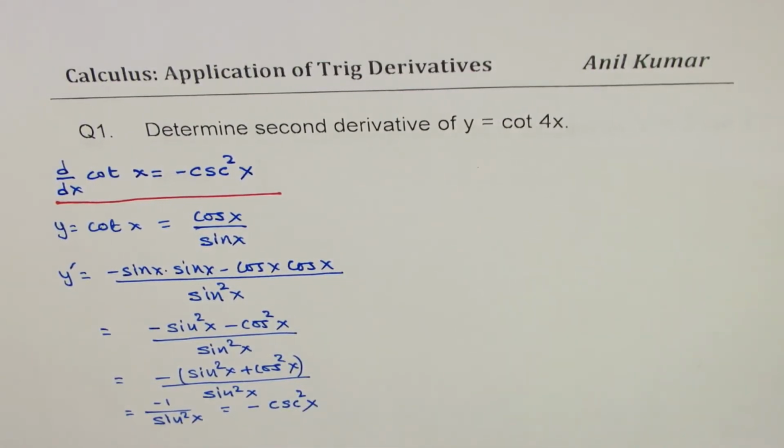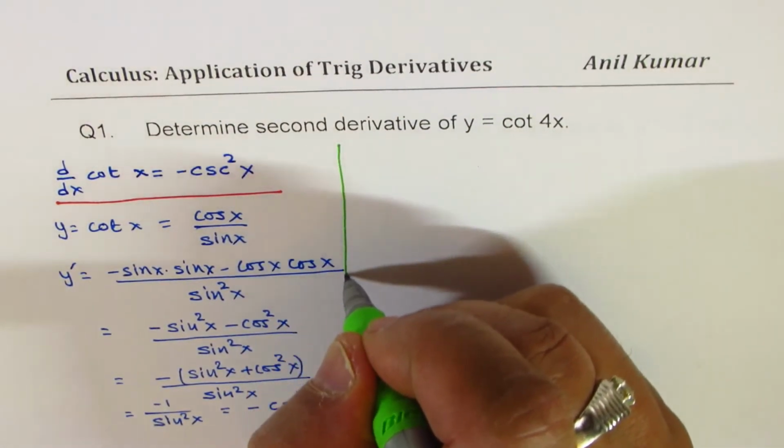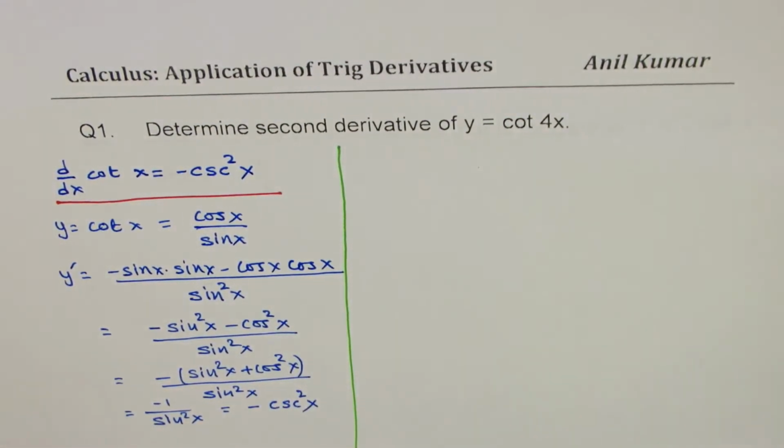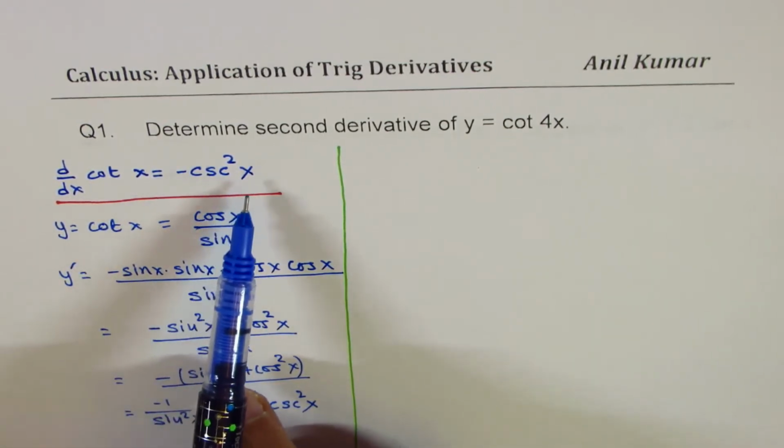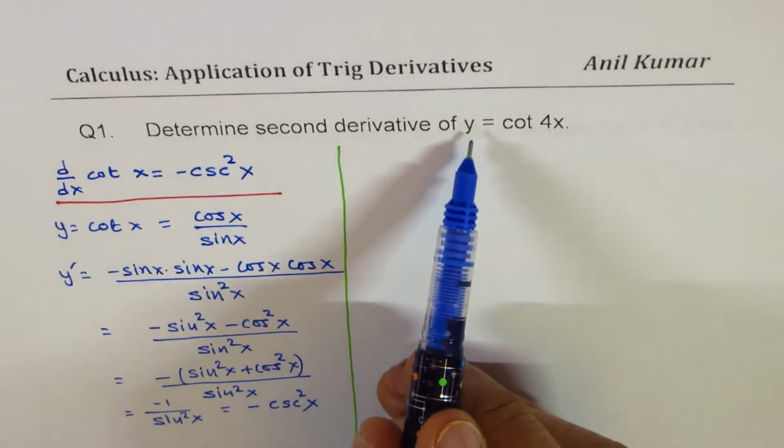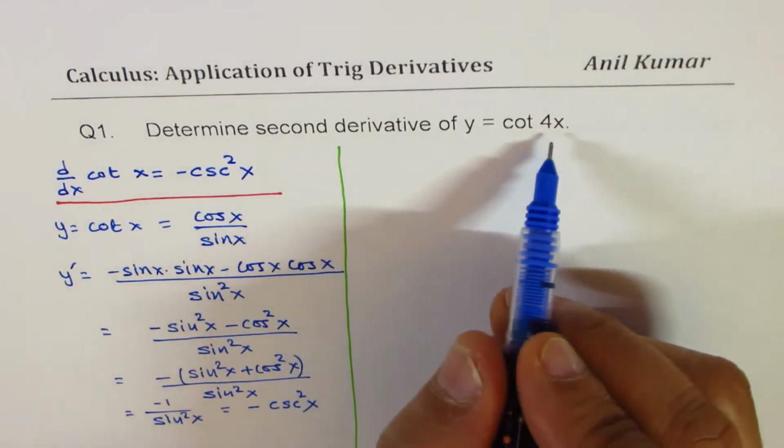Now, you may not have the luxury of doing this in the final test or final exam. Therefore, it is good to remember 6 formulas. Is it okay? Now we know that the derivative of cot x is minus cosecant square x. So let's find second derivative of this particular function.